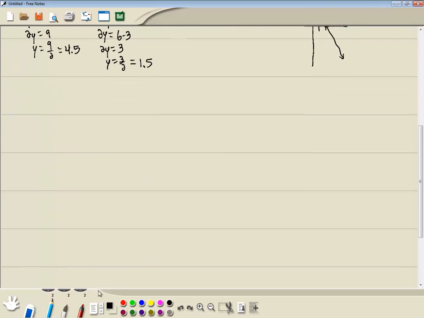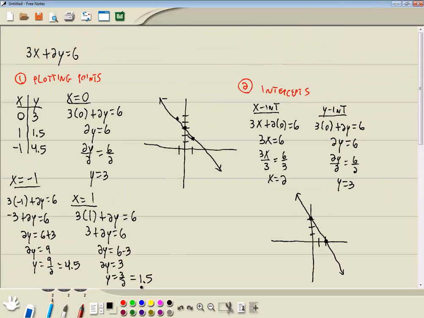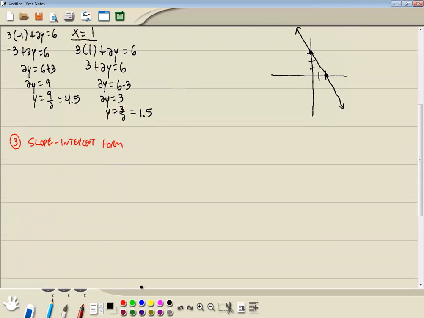Our third is slope-intercept form. Well, our original problem was 3x plus 2y is equal to 6.